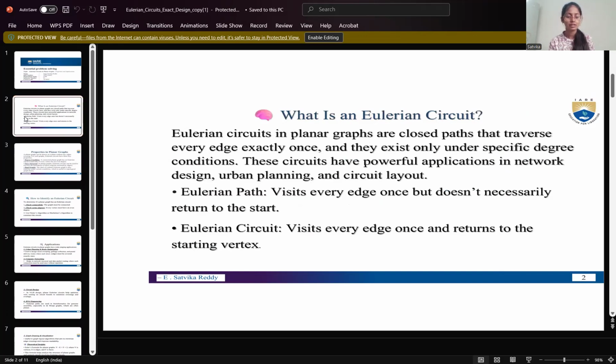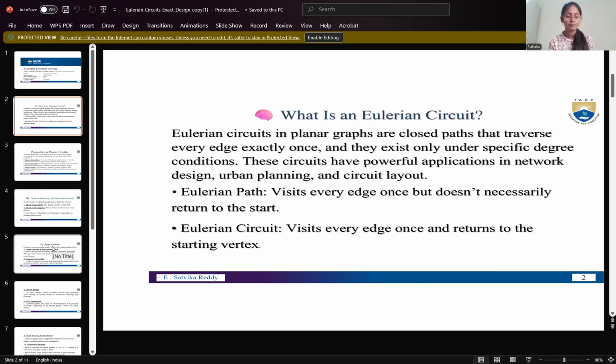A closed trail visiting every edge exactly once, drawn without edge crossings. And the conditions are that the graph is connected and all vertices have even degree. If not, then it is called an Eulerian path. And the formula: V minus E plus F is equal to 2 is the formula.